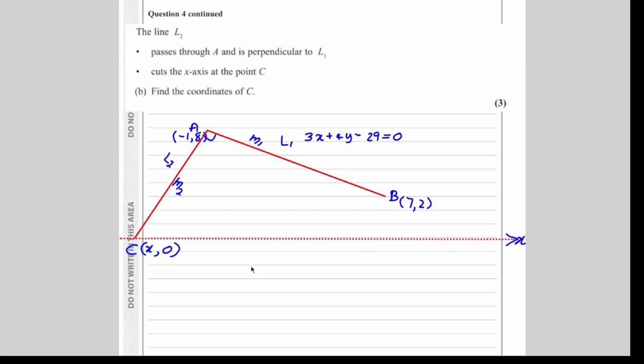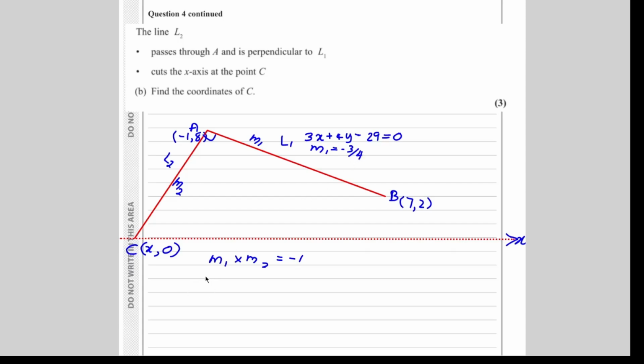Once you multiply the two gradients, the product of the two gradients equals minus 1. M1 into M2 equals minus 1. So we have the gradient M1, which equals minus 3 over 4.